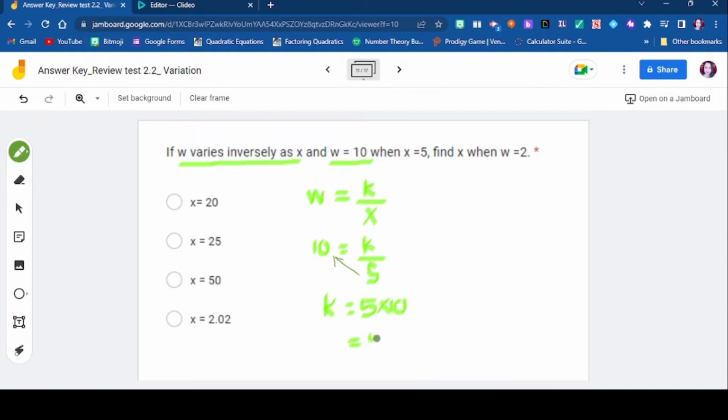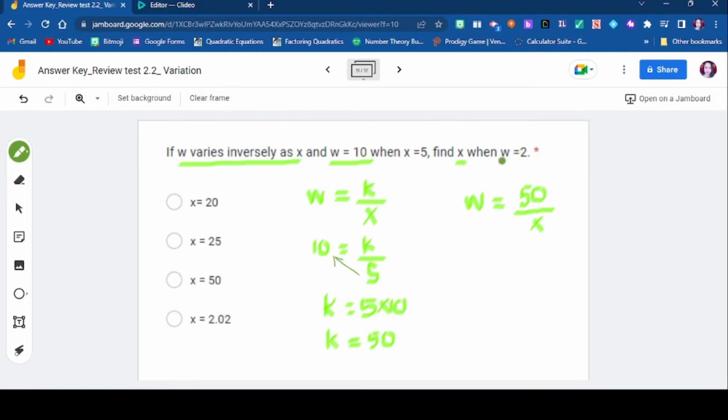So therefore, our constant of the variation is 50. So let us use that k in order for us to find the x. So w is equals to, our k is 50, so let's put 50 below, and our x like that. So this will be our new equation for us to find x.